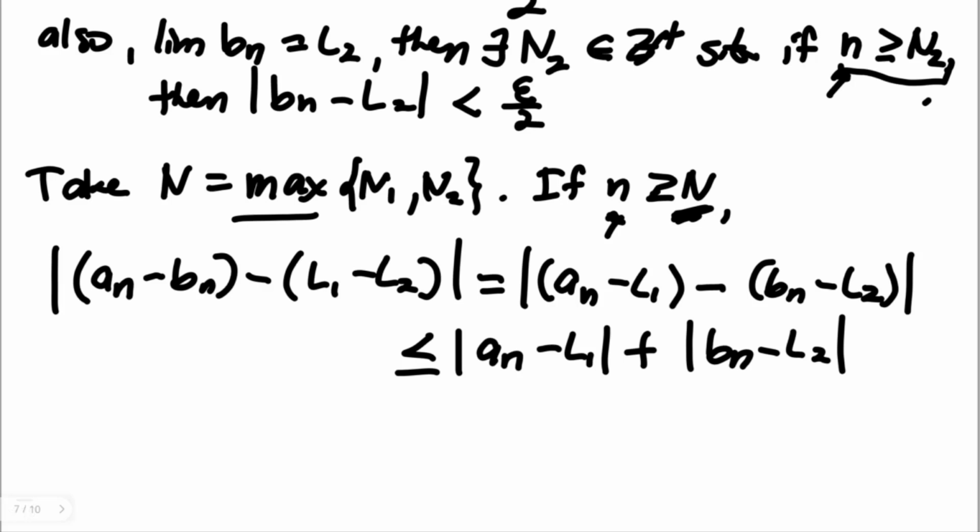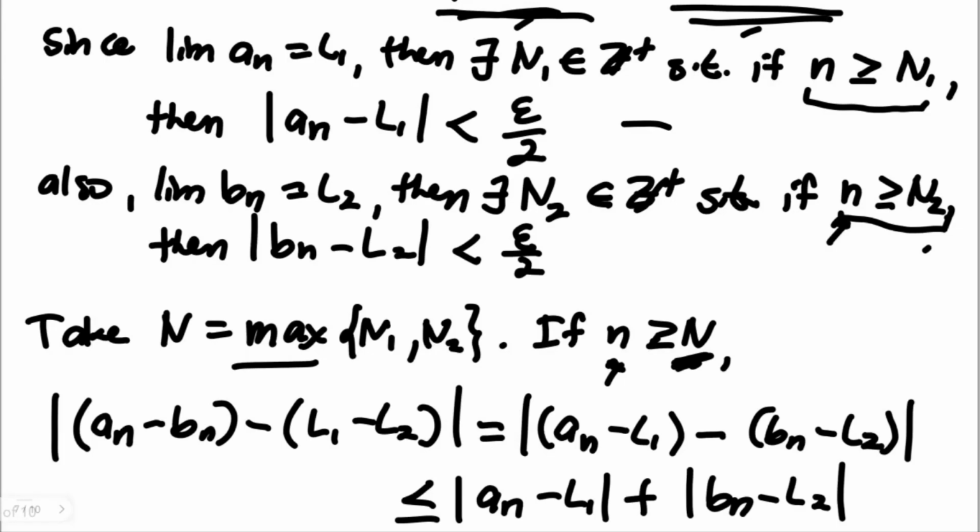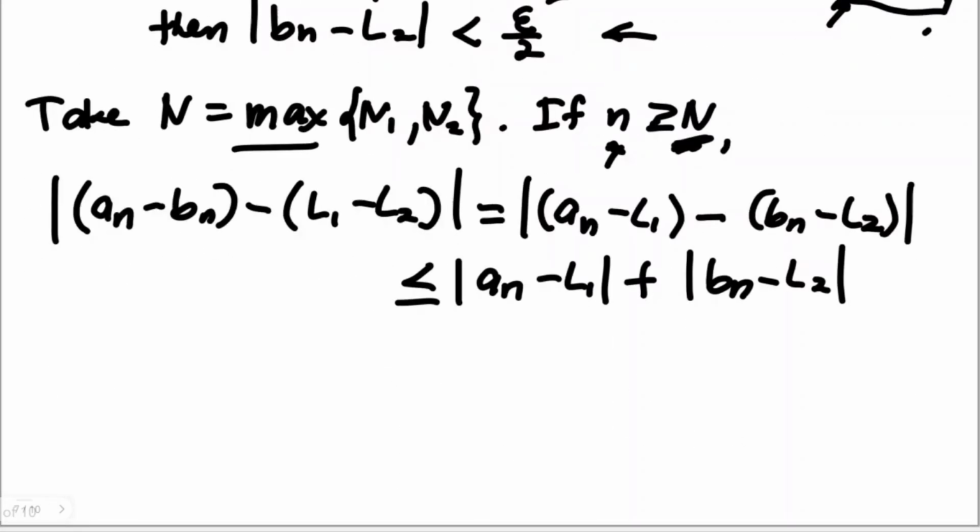Okay, so once we use the triangle inequality, take note, we have specified that the absolute value of a sub n minus L sub 1 is less than epsilon over 2. Also true here. So we can now say that this is still less than epsilon over 2 plus epsilon over 2. When we add it, it's epsilon.